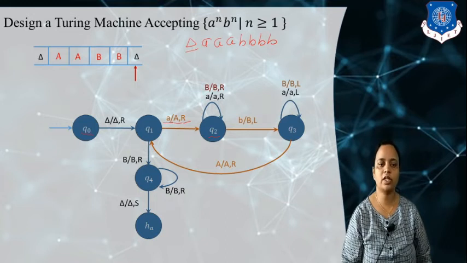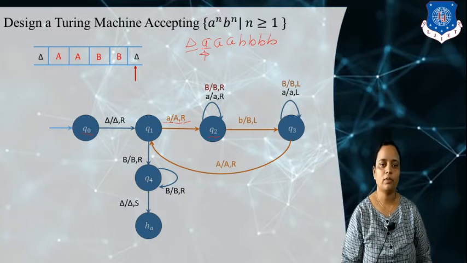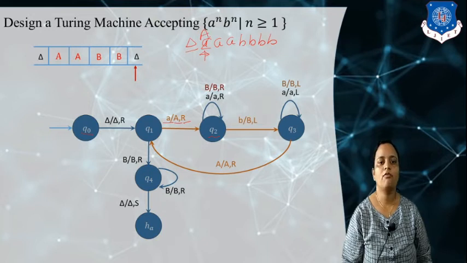So the Q0 state says that delta is replaced by delta. Move your head to the right side. Now my head is right over here. So counting this, small a is replaced by capital A, finding the small b. So small b is replaced by capital B. Now move to the right side.